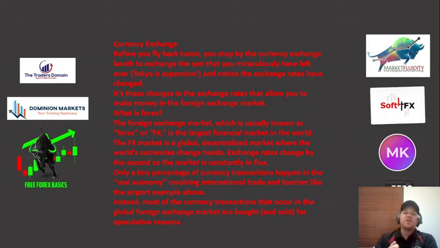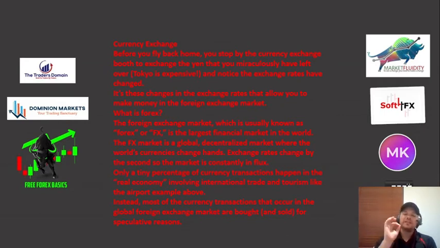The FX market is a global decentralized market where the world's currencies change hands. Exchange rates change by the second, so the market is constantly in flux.